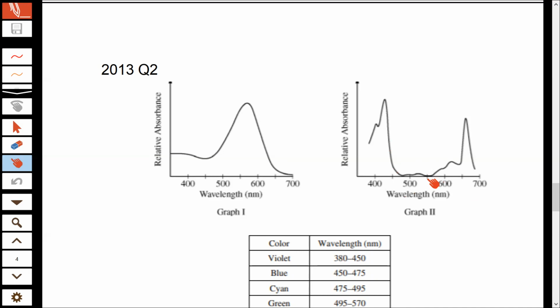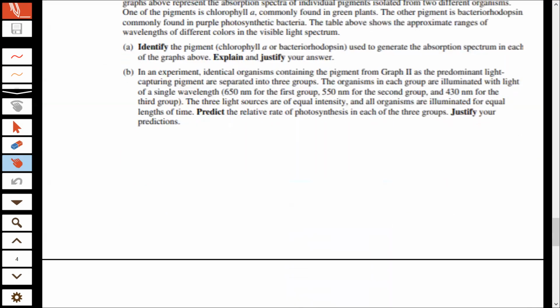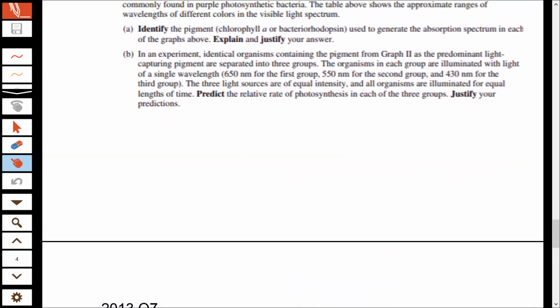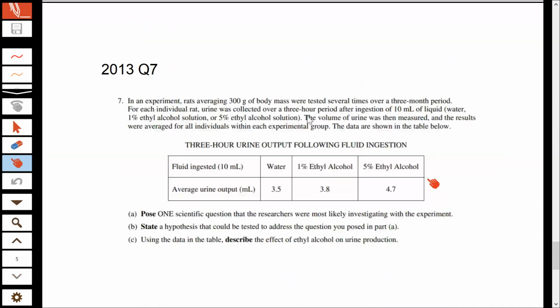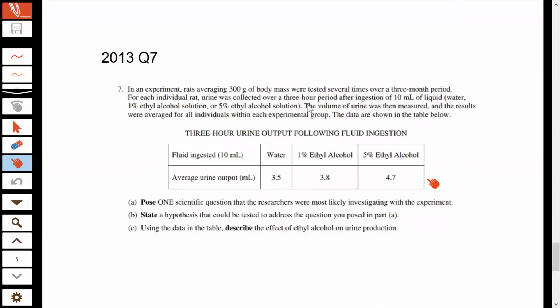They say they would give 4 out of 5 for that. So they wanted the rest of the ranking as well. Okay, so now let's go on to our last question that I have here, which is 2013 question 7.